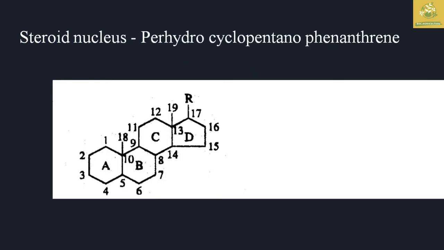This picture describes the structure of the steroid nucleus, where its name describes the perhydrocyclopentanophenanthrene. You can see three 6-membered cyclic structures as well as one 5-membered cyclic structure.